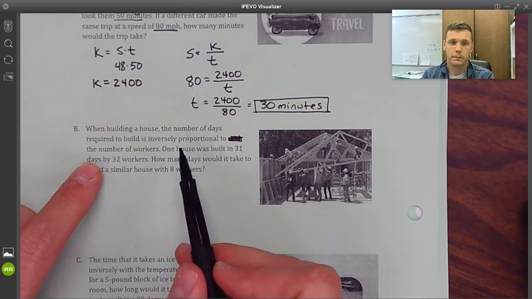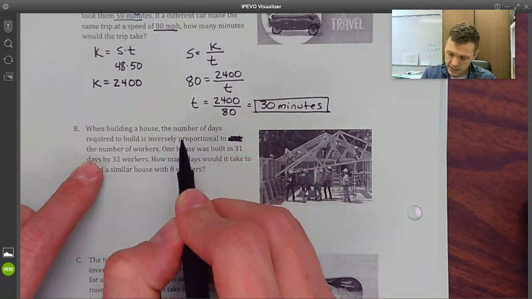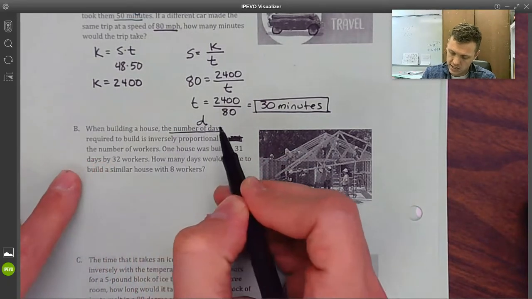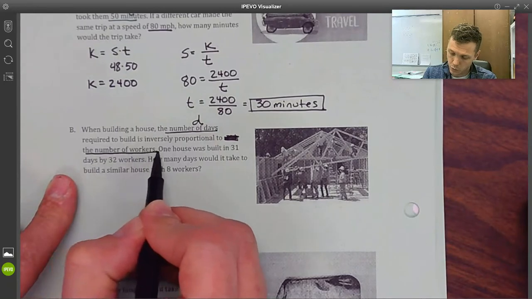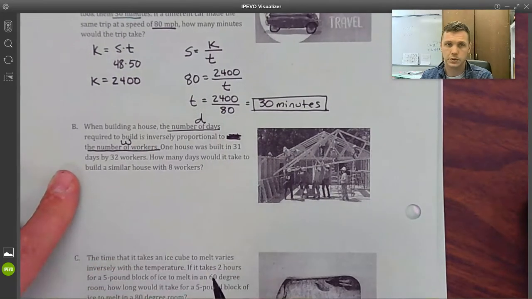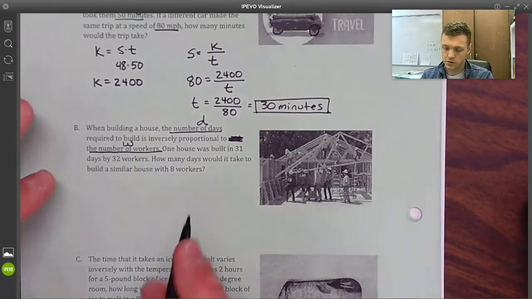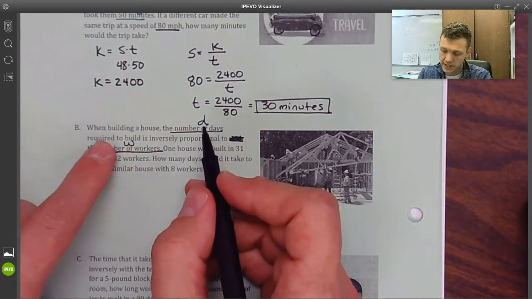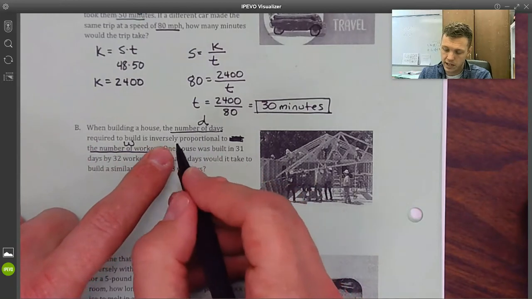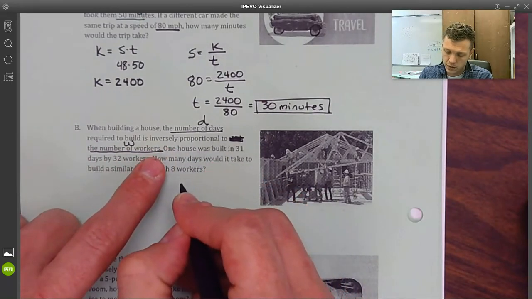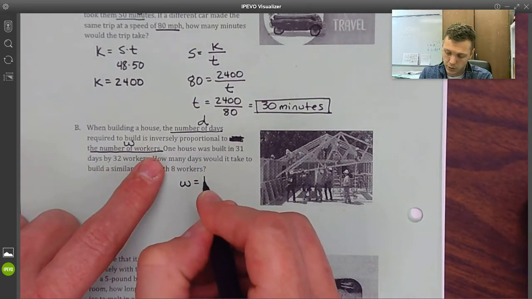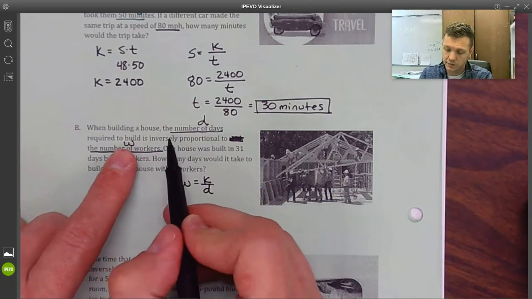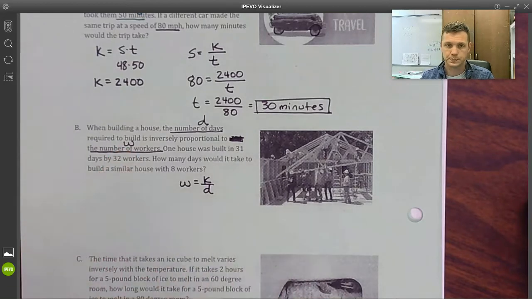So we're going to say the number of days, D, and the number of workers is W. So our equation is, because the number of days required to build is inversely proportional, my W is going to equal K over D. The one that is inversely proportional, D, goes in the bottom.